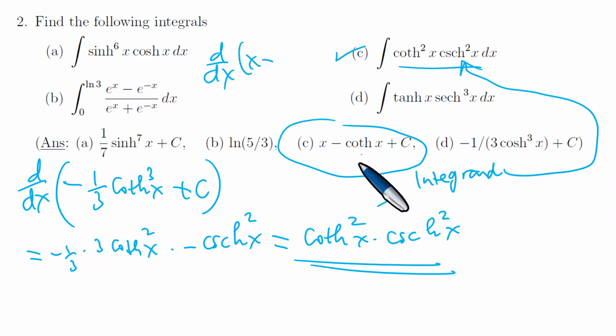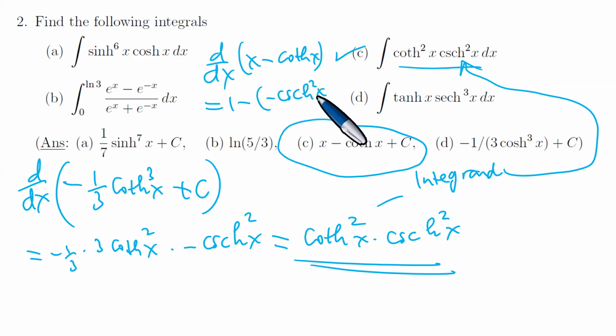And then you find the derivative of this, x minus the cosh of x. The derivative of the x is 1 minus the derivative of the cosh. What's the derivative of the cosh? It's minus cosecant hyperbolic squared. So 1 plus cosecant hyperbolic squared. What is 1 plus cosecant hyperbolic squared?